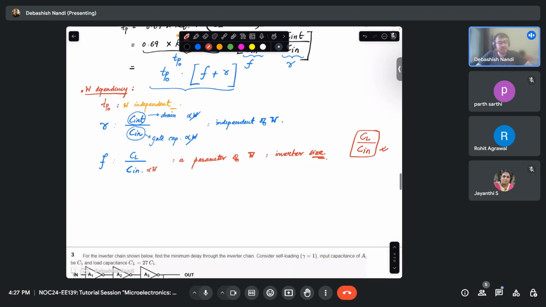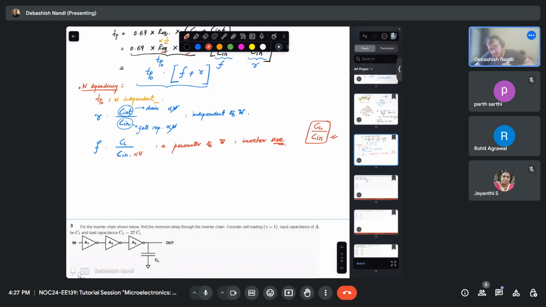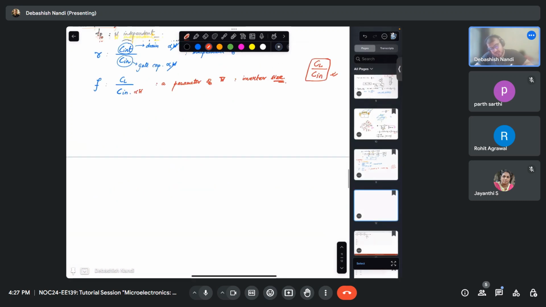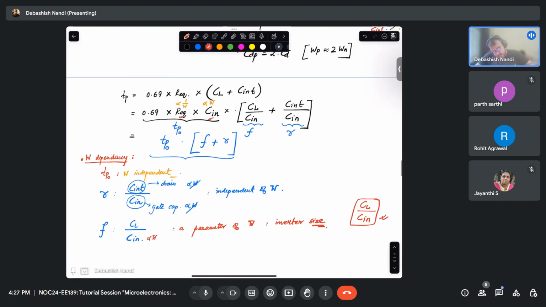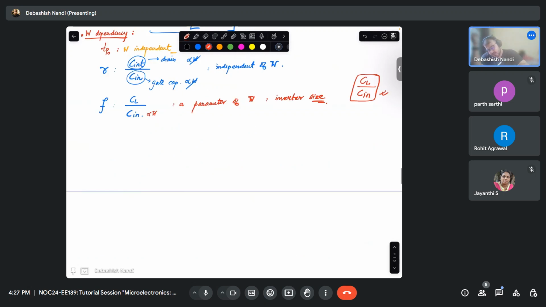Now we'll move on to the inverter chain analysis. Did I miss anything? I think I was supposed to tell you something else also. This is our equivalent. Okay, if I remember it, I'll tell you. So this is so far.